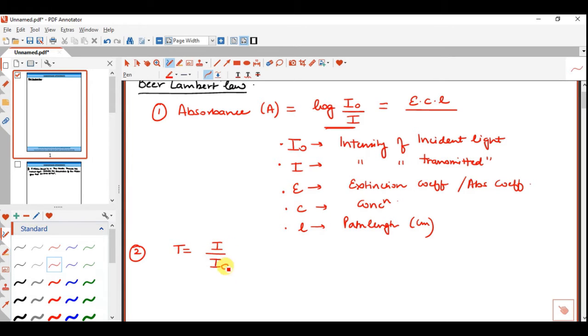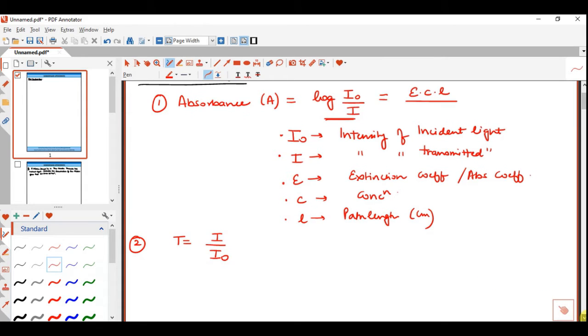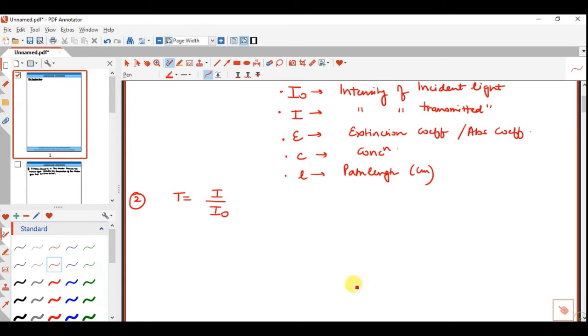Transmittance T is equal to I by I naught. Sometimes percentage transmittance is also asked or given. Percentage transmittance is I by I naught into 100. This you should remember.